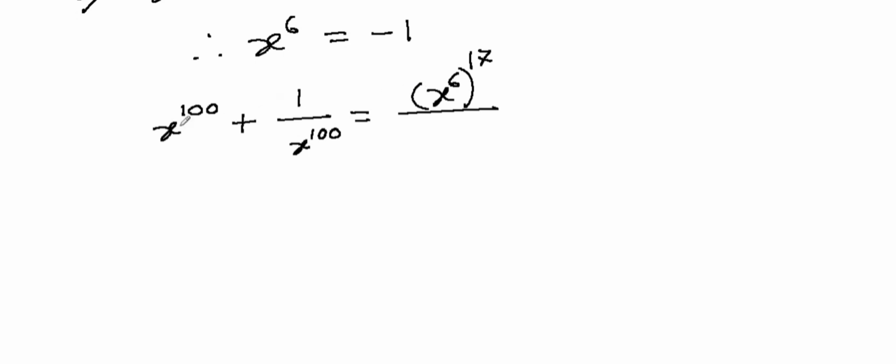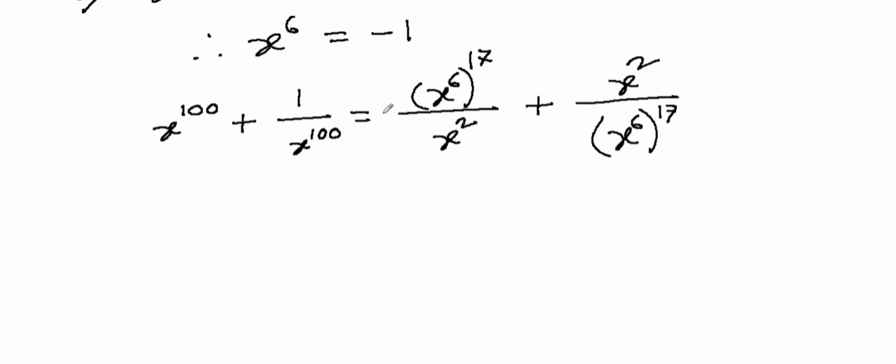Here we have x to the power 100, so what we do, we put x squared. Now we will get x to the power 100. Then here we know the value of x to the power 6, so x to the power 6 times 17 equals 102. So what we do, we put x squared. Now we'll get 1 over x to the power 100.